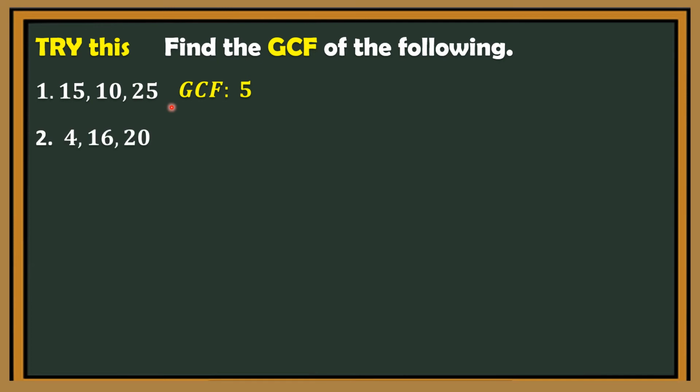Number 2, 4, 16, and 20. What is the GCF? 4. 4 is the highest number that can be divided to 4, 16, and 20. Number 3. What is the greatest common factor?